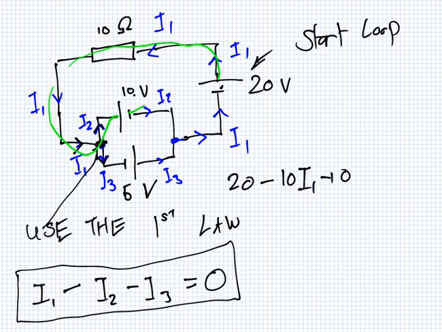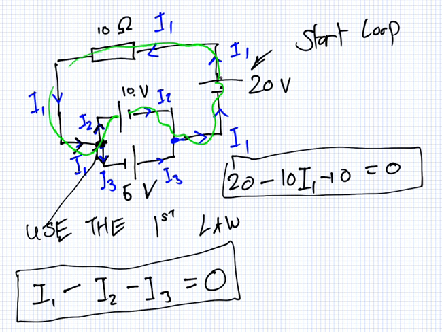Because I know the I's, I can also know the voltages by using this formula. So for example, how can I get the voltage here? Let me call this voltage V. What's the formula? V equals I R, and what's the I here?